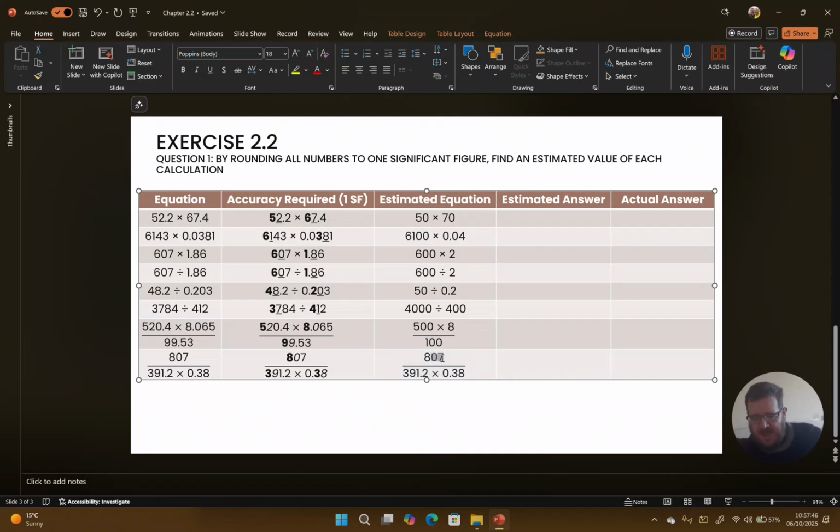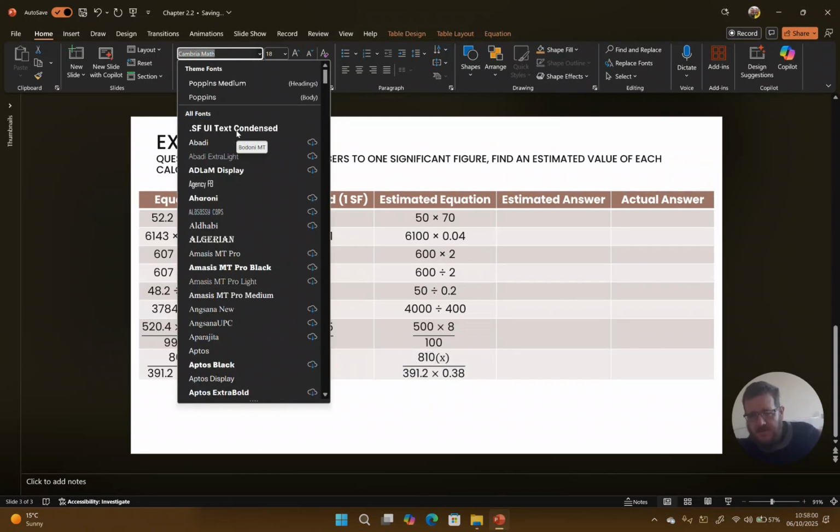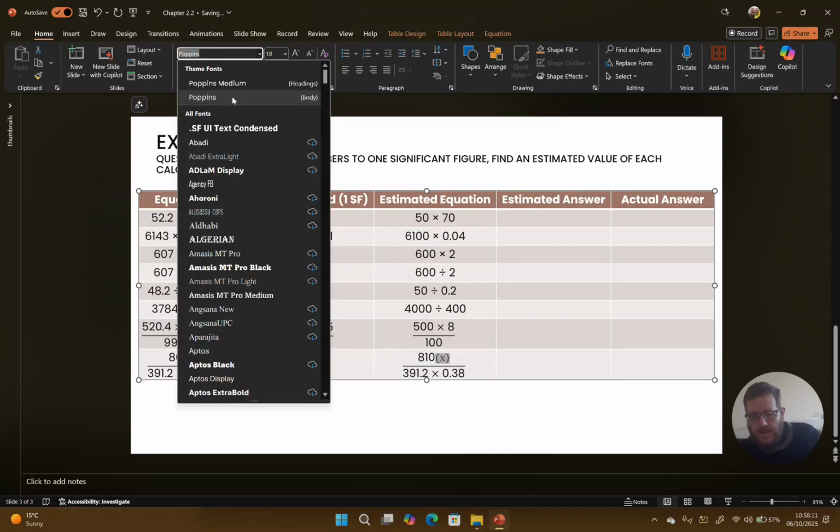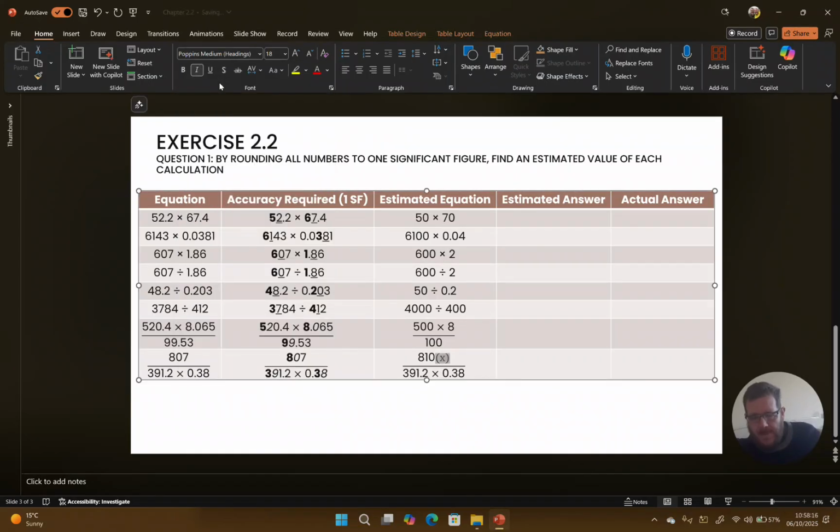Let's round that up to 10. And I'll put an X there as well to symbolise that, and I'll put an X there as well because that means I need to actually round it back down.